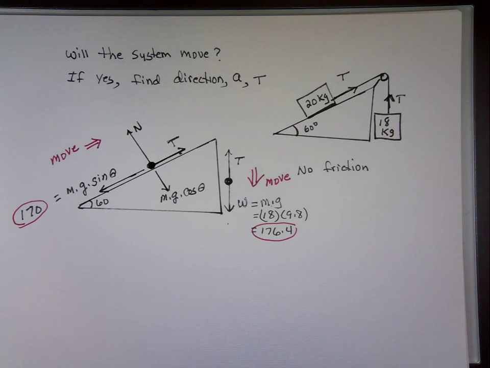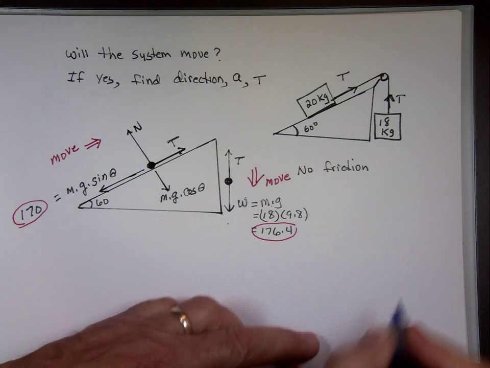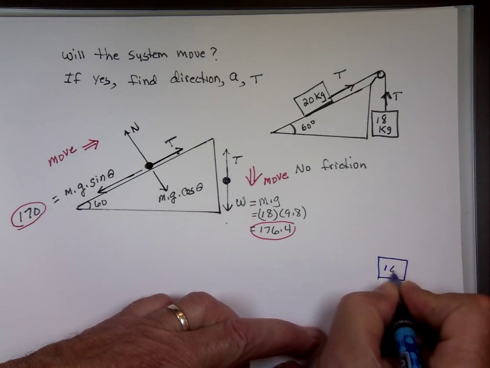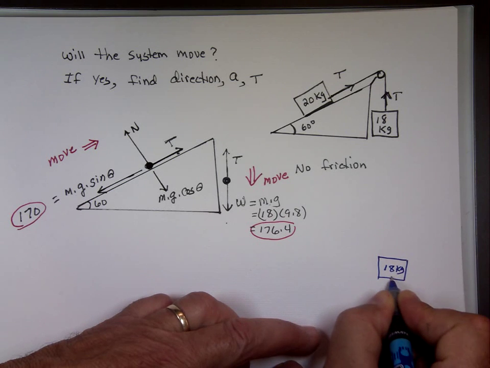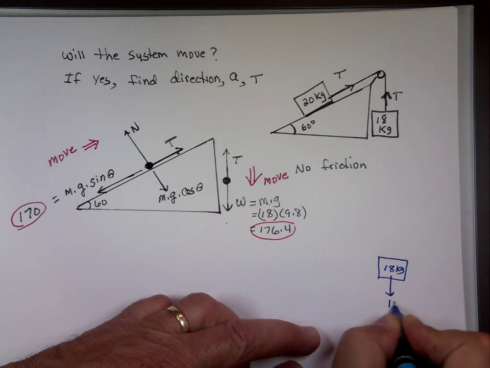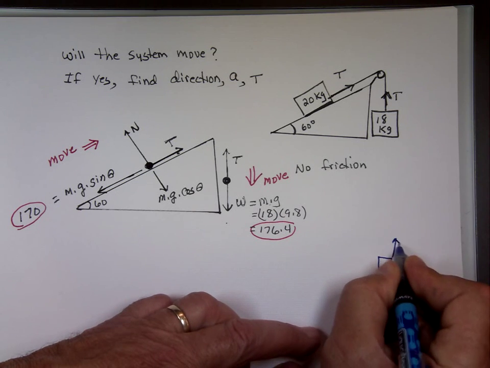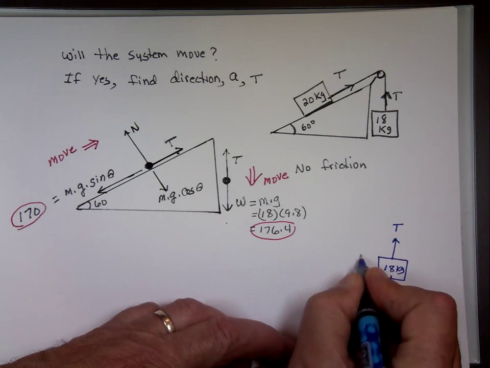So let's look at that one again. Free body diagram for each one. Find out the direction that you're moving. So that 18 kilogram, we have the weight down, which is 176.4. We have the tension up. It's moving this way.